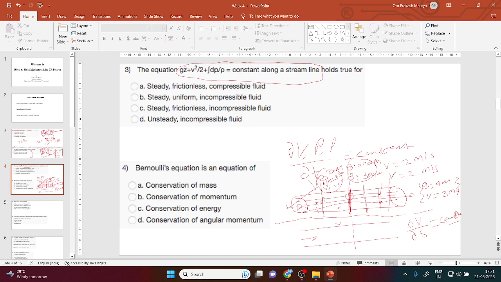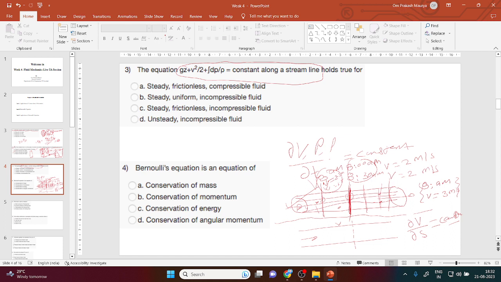But at the same section your velocity should be the same at different times.